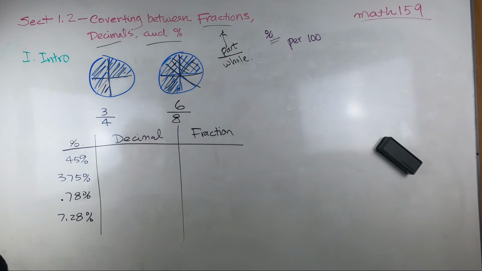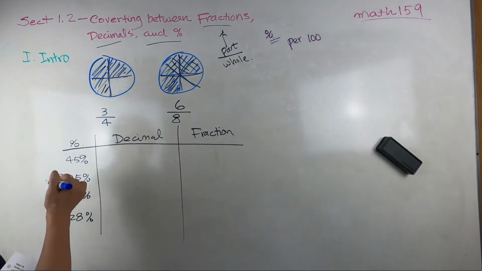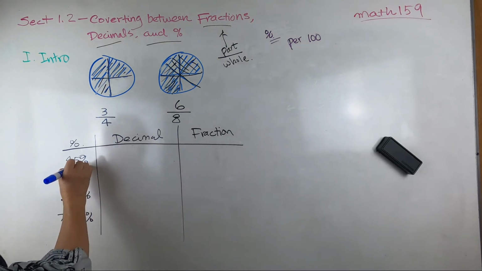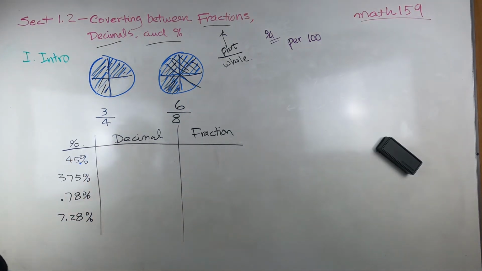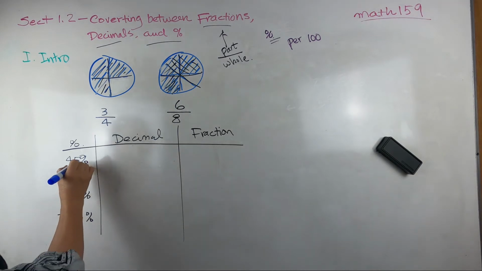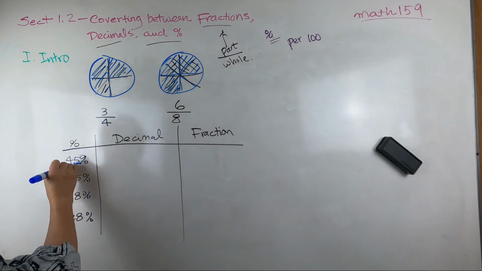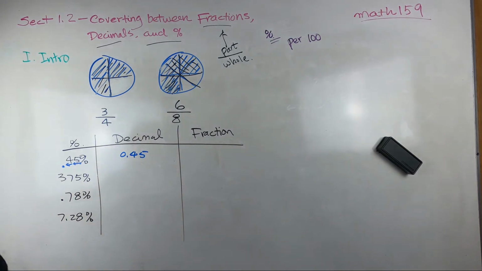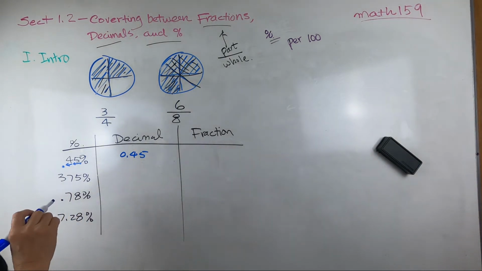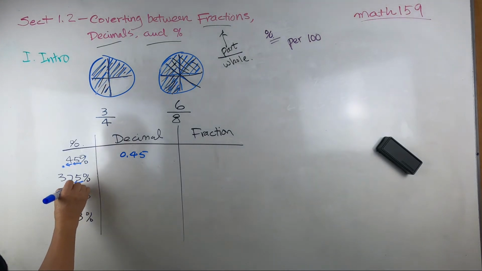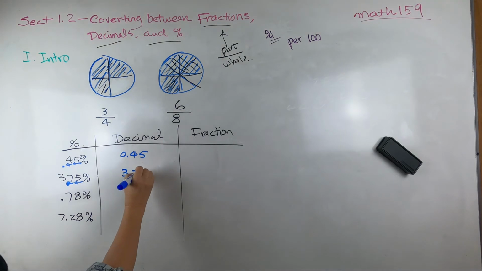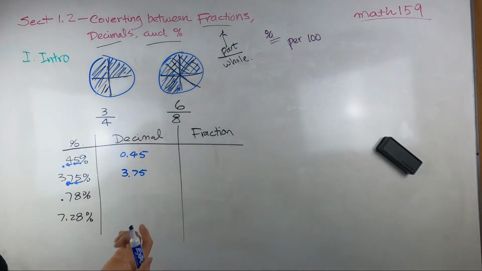It's 45 cents. So here is 45. How can you make a decimal? The original decimal point for the percentage is here. You move 2 places, it's here. That's your decimal. For 375%, it's here. You move 2 places, it's here. So you have 3.75. You drop your percent sign, okay?